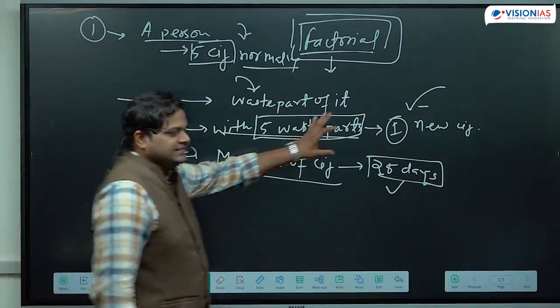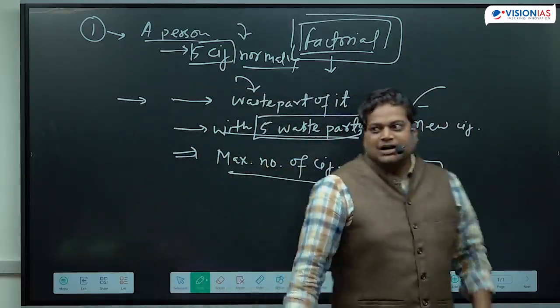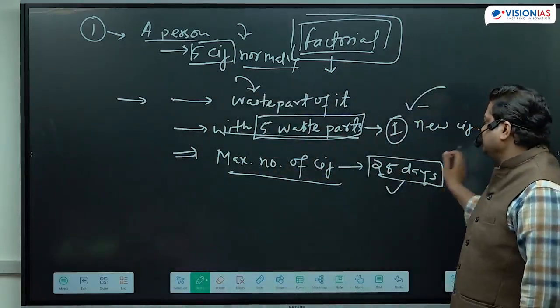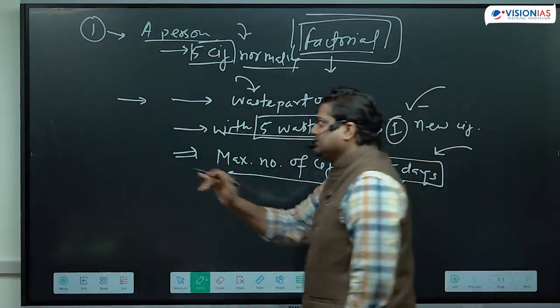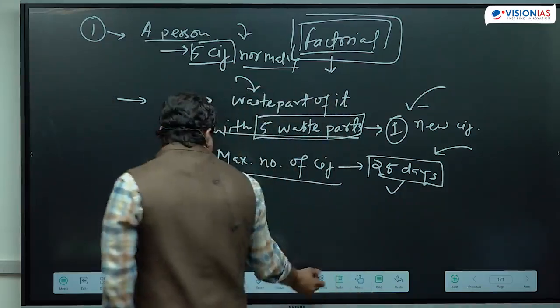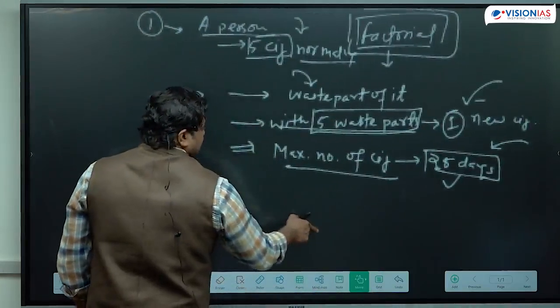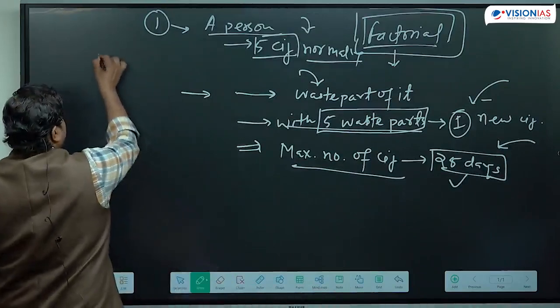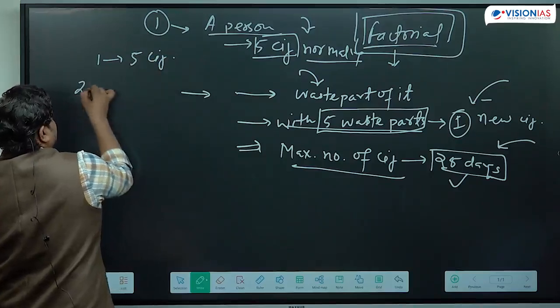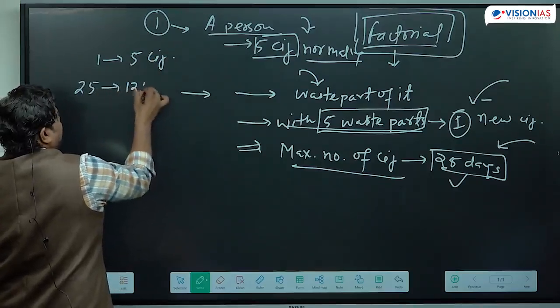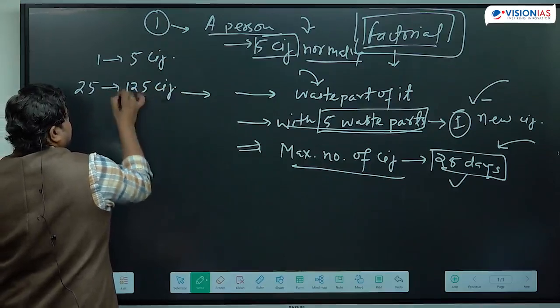So if this machine is not there with him, how many cigarettes he can smoke in 25 days? 125, that is for sure. Every day 5 cigarettes. So 25 days में 125 cigarettes.